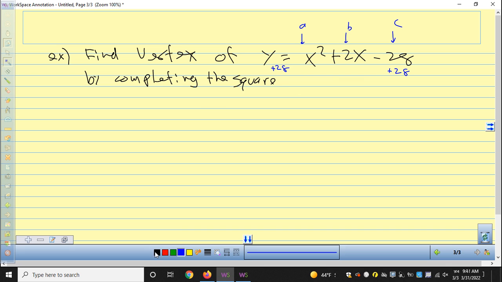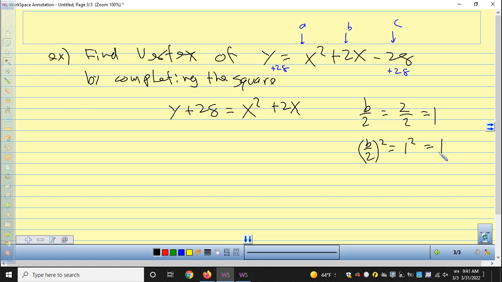I'm going to rewrite it down here. So here I get y plus 28 equals x squared plus 2x. Minus 28 plus 28, I get a 0 there. Well, b divided by 2 is 2 divided by 2, which is 1. And b over 2 squared is 1 squared, which is 1.